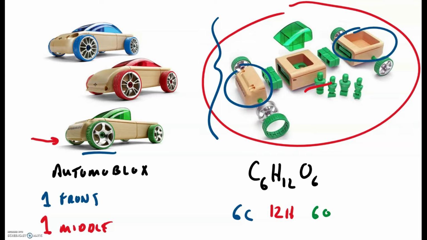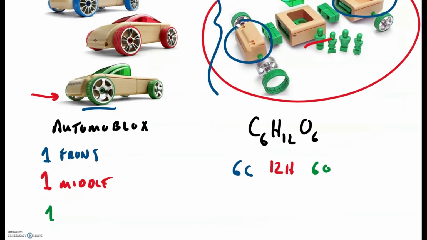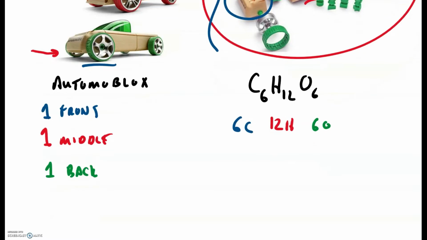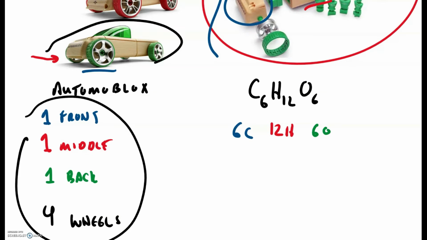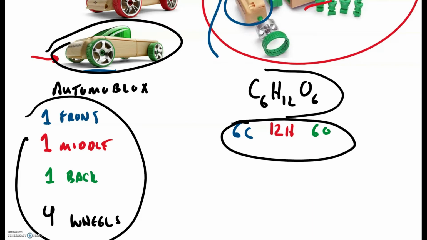We could say one back. And we also need 4 wheels. And we could keep going and break this down into quite a lot, but this is one of these. Just like all of these is one of these.